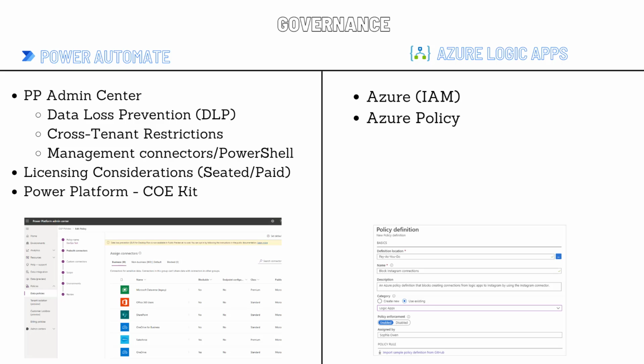Now, this generally isn't as big of a deal because you tend to have fewer people using, say, connectors in Logic Apps. As a result, the skill set of these folks might be more technical, and so there could be less need. And I say could. This is all very subject to different organizations itself. But this is kind of the starting point. Hopefully that helps explain governance concepts.